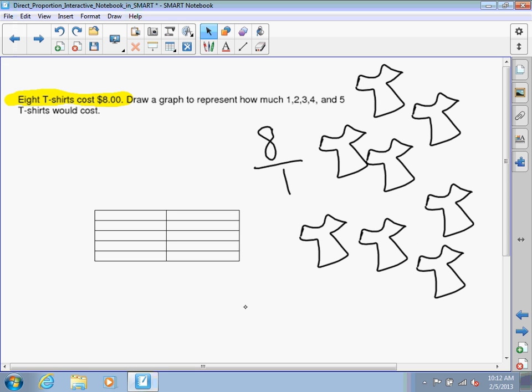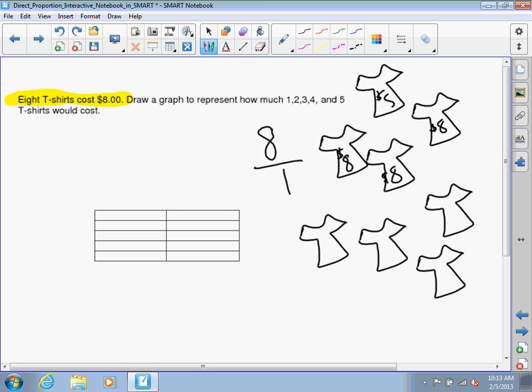There's our 8 shirts. 8 t-shirts cost $1. Is that what you're saying, Ron? Or $8 for one shirt? So it's $8 per shirt. Each shirt's $8. Is that what you're saying?